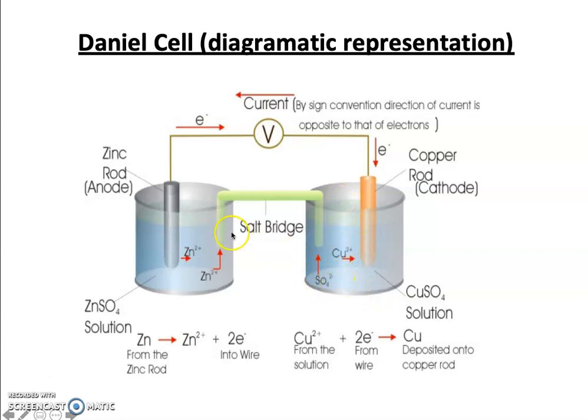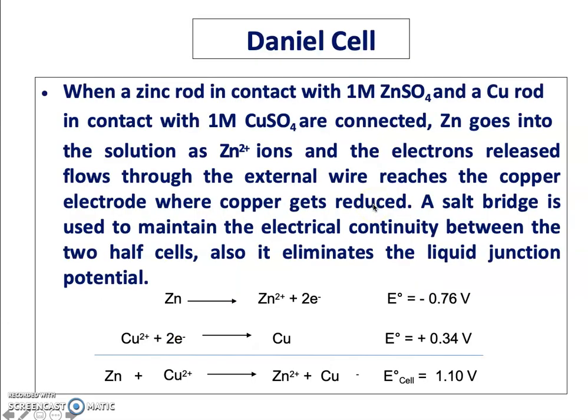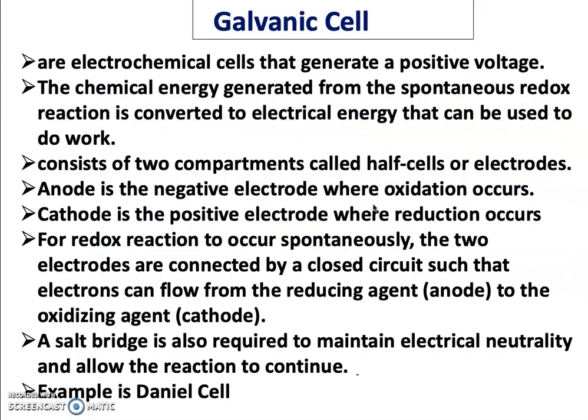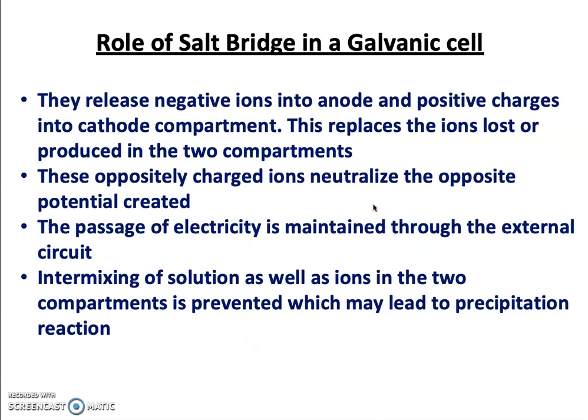And also it helps to complete the circuit, so that the passage of current is continued. Also the role of the salt bridge is to prevent the intermixing of the solutions, and if the salt bridge was not there, then there could be a probability of a precipitation reaction taking place.